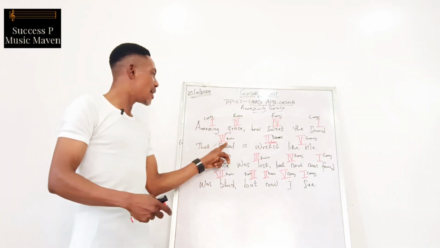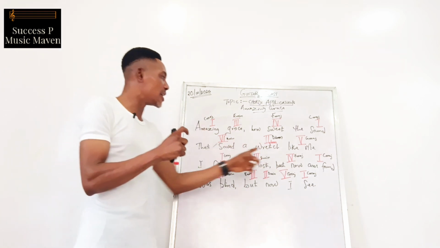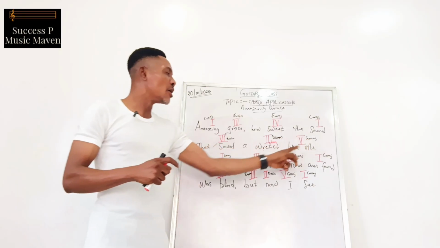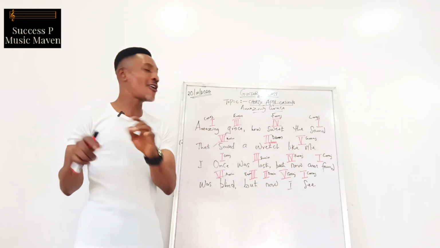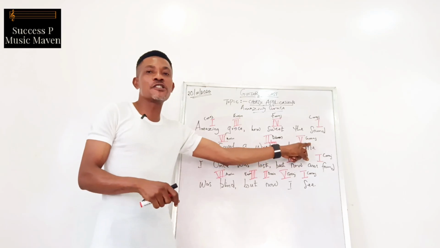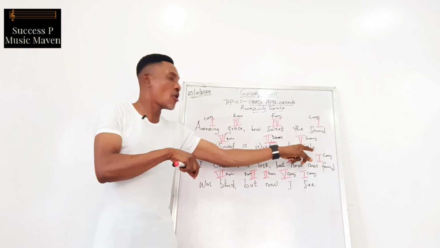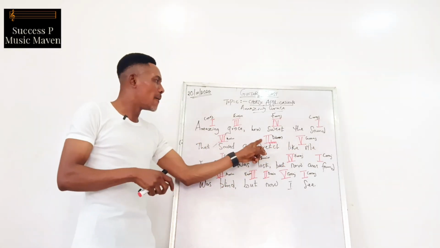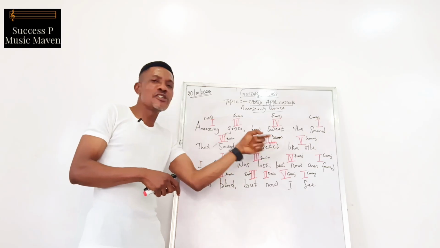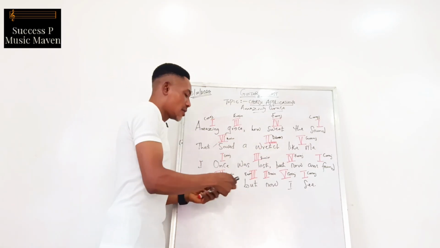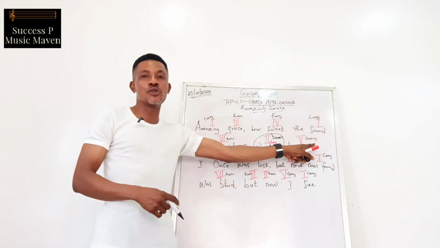Here, A minor, that saved a wretch. Look at the tension here. A wretch like me. Where I am going is the 5th degree, the key of C major, which is going to sound as Sol, but I need something there. That's why I apply my dominant, the D dominant chord, to resolve to my 5th degree.